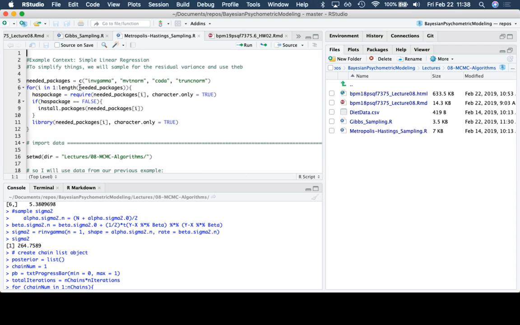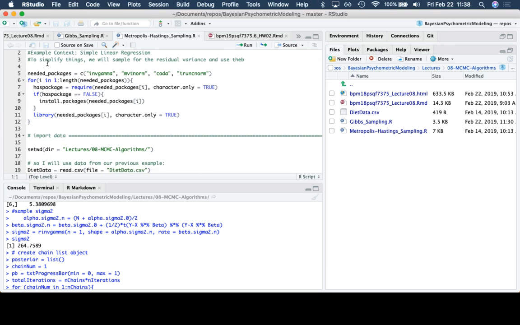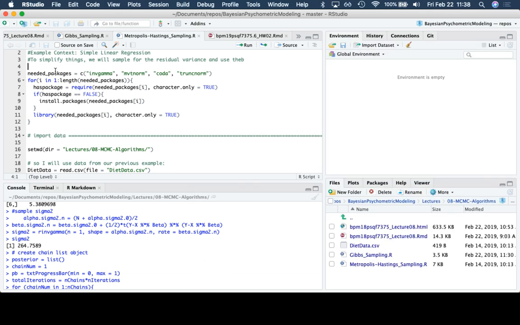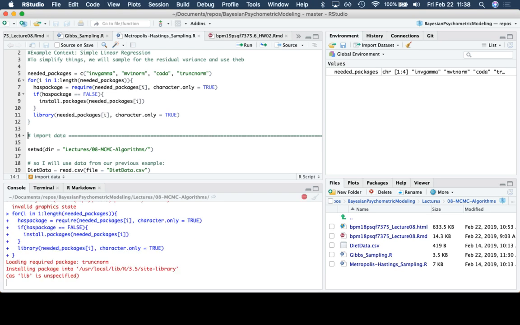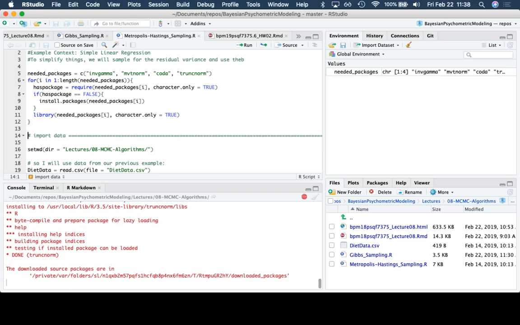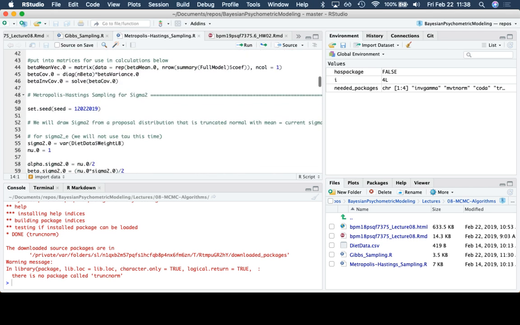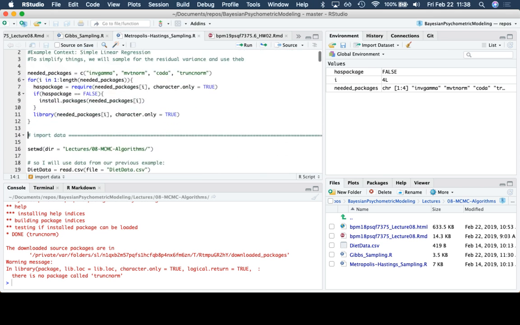Anyway, so we're going to do this. To make things work for us, I'm going to clear my environment again, and I'm changing up what I'm going to do. Instead of having sigma squared follow that inverse gamma distribution, I'm going to take the log sigma squared and have that follow the log normal distribution.